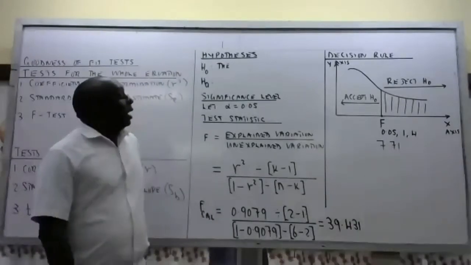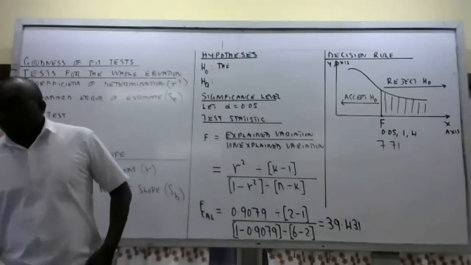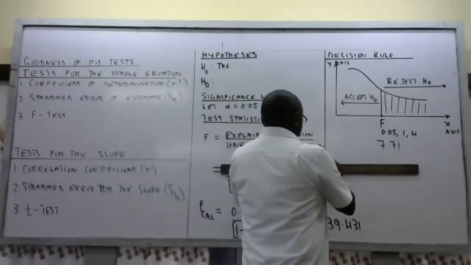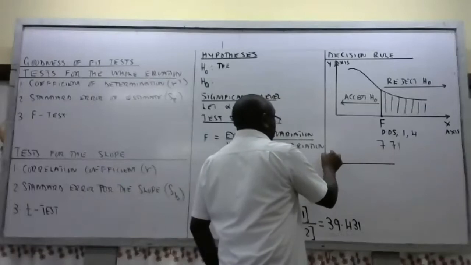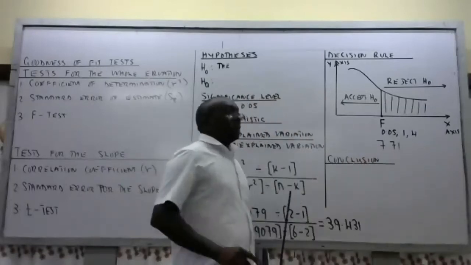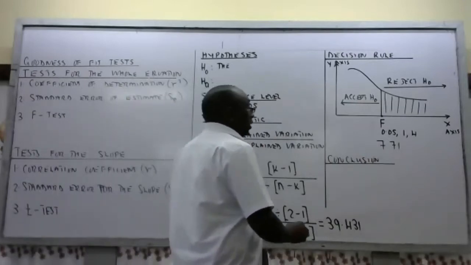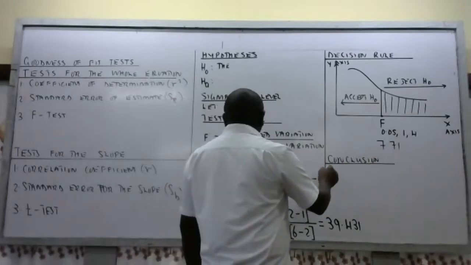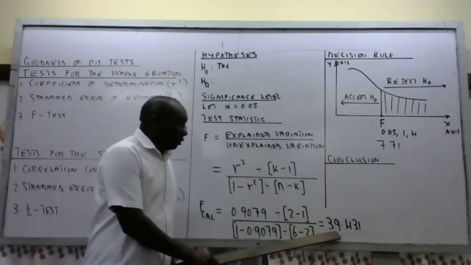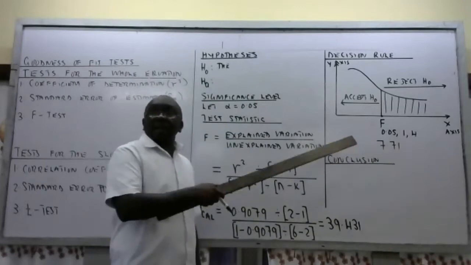Good. All right. So to solve it, let's now make the conclusion. We accept or we reject. You are supposed to compare this one and this one.